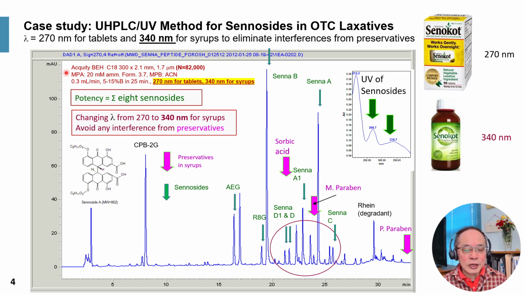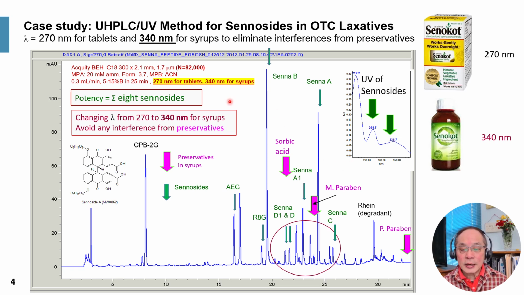Here is the operating summary, using this column and this mobile phase, which is mass spec compatible. The UV spectrum of the sennosides is shown here, with the lambda max at about 268 or 270, and another lambda max at about 340.